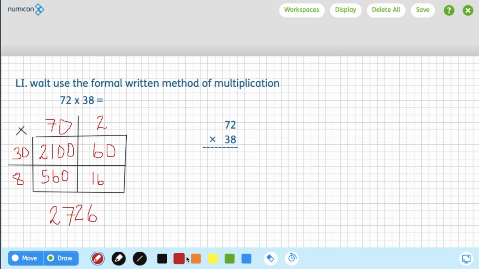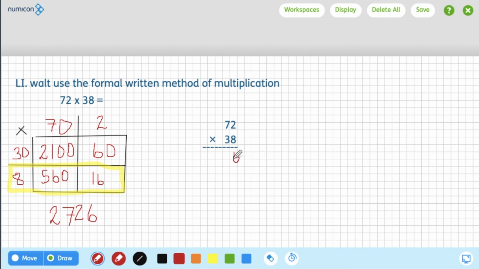All right, let's check with our formal written method. So we'll start with, remember, we are just going to ignore the 3 tens for now and just focus on these 8 units and multiply the 8 units times 72, which is what we did in the window method as well. So if I've got 8 times 2 here, I've got 16.